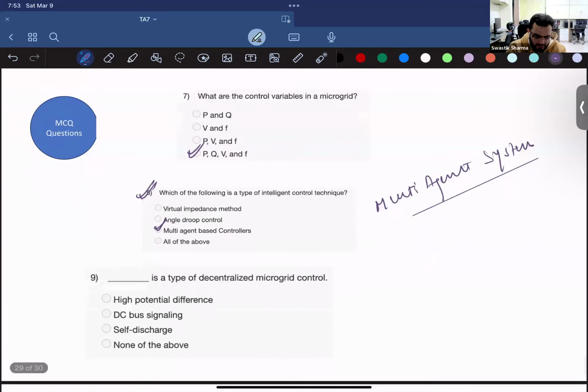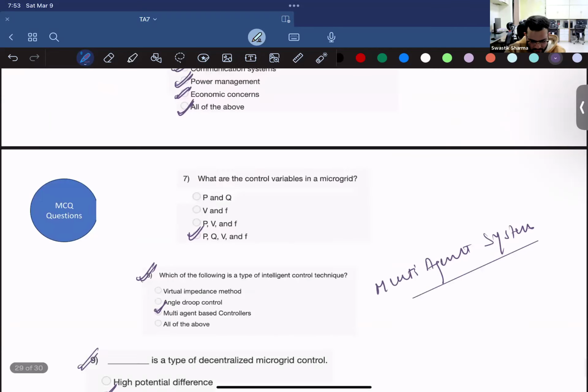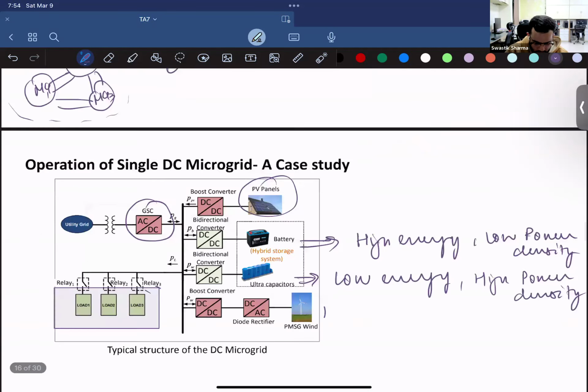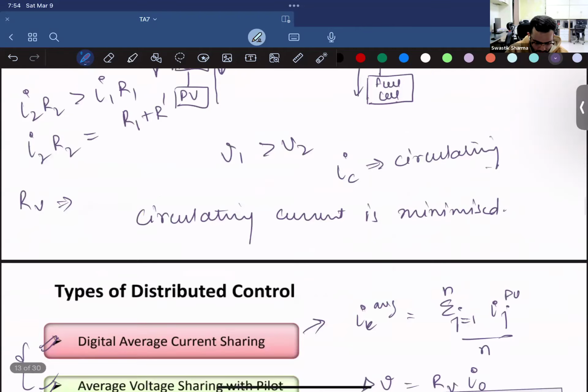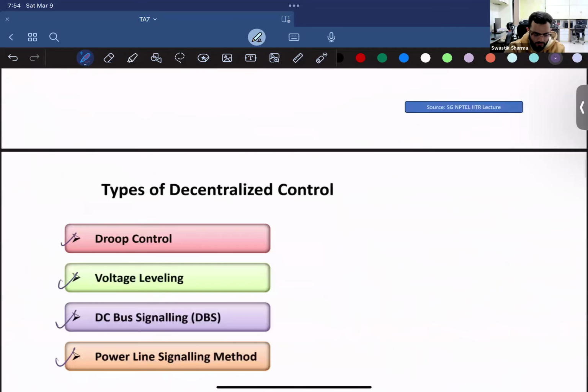Eight is done. Ninth, last question. Dash is a type of decentralized microgrid control. DC bus signaling. I didn't discuss DC bus signaling. I guess I discussed it.